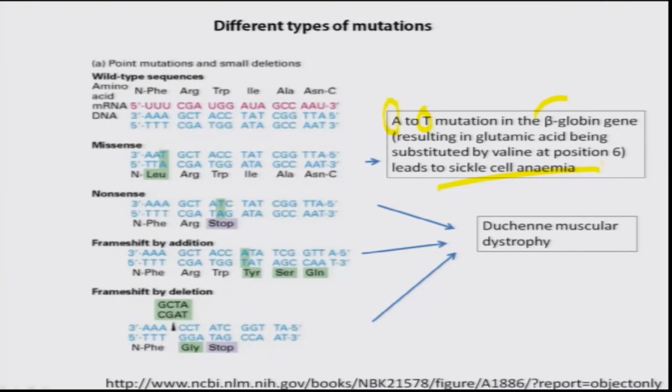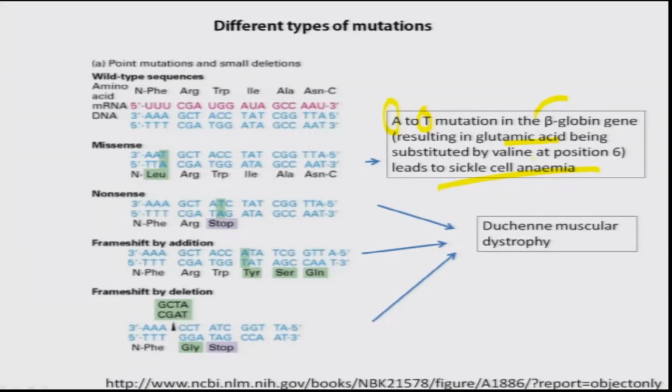So this change A to T brings about a change in the amino acid from glutamic acid to valine, right, at position 6 of this particular beta globin gene. Now, here you change the amino acid, therefore it's a missense mutation.